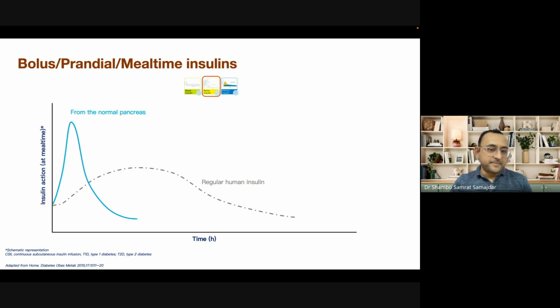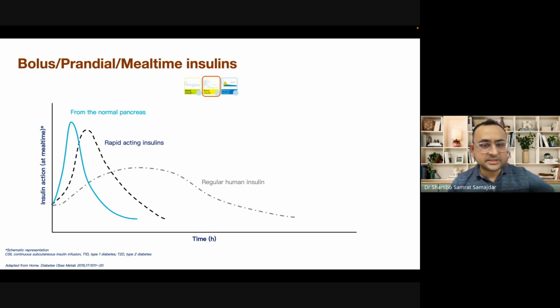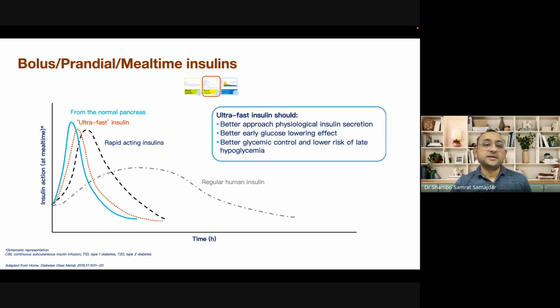In the normal pancreas, insulin secretion post-meal is like the blue line. The rapid-acting insulin analogs mimic the normal pancreas-derived bolus insulin secretion.